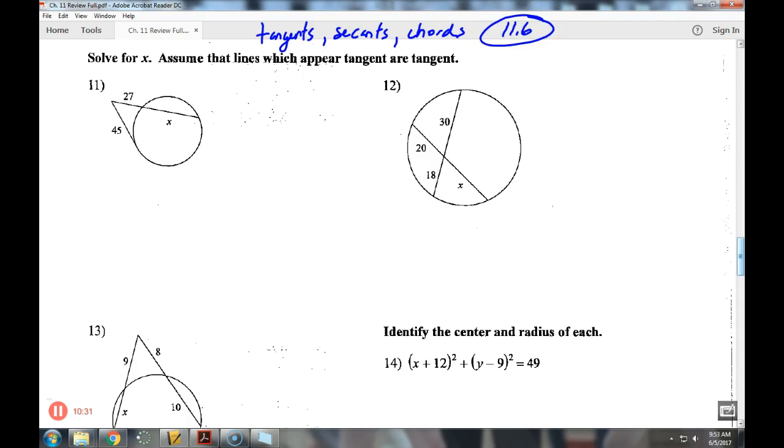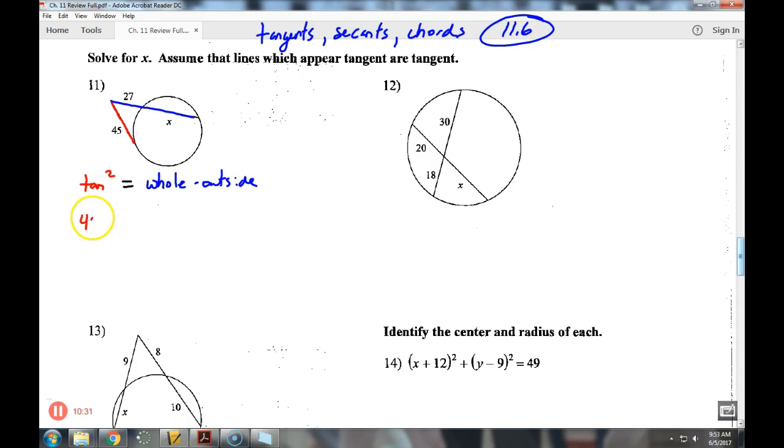Let's get after it. So the red line is a tangent. The blue line is a secant. And the rule was it's the tangent squared equals, and for the secant, it's the whole piece times the outside portion. So let's translate this into some numbers.